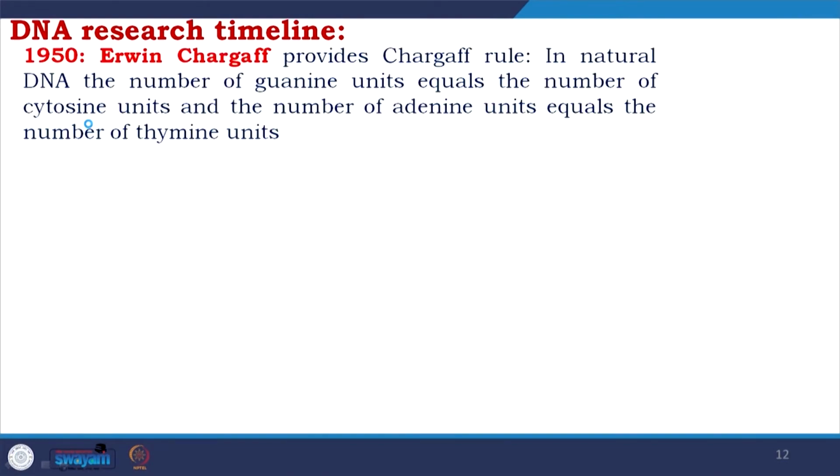Now coming to the new ones which I did not talk about. In 1950, Erwin Chargaff provided Chargaff's rule, which is that in natural DNA the number of guanine units equals the number of cytosine units and the number of adenine units equals the number of thymine units.